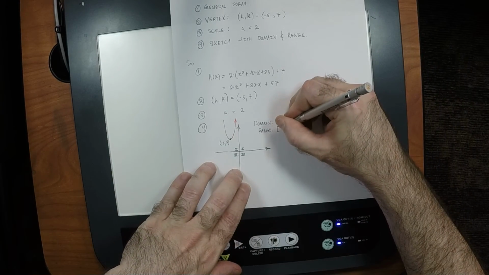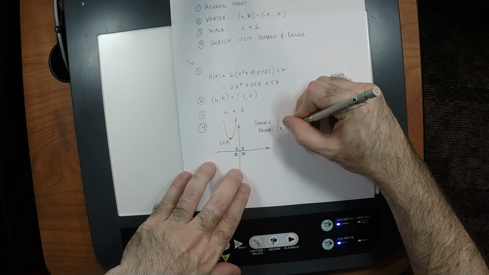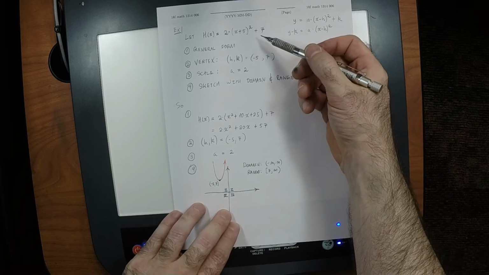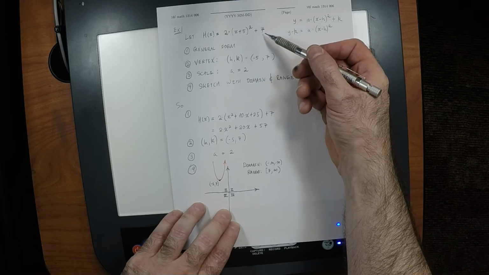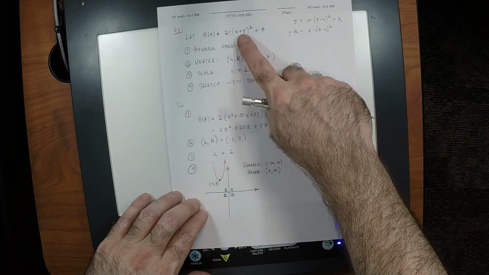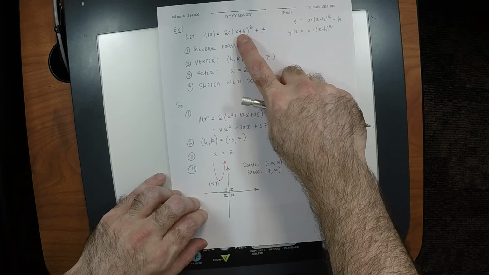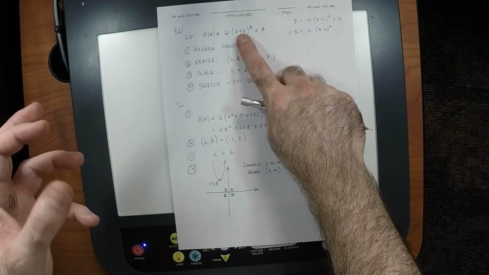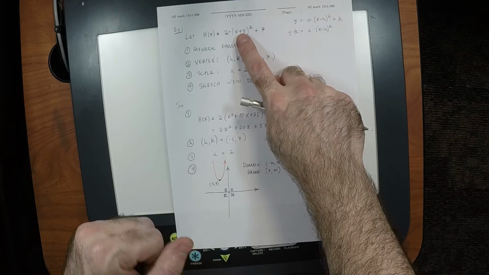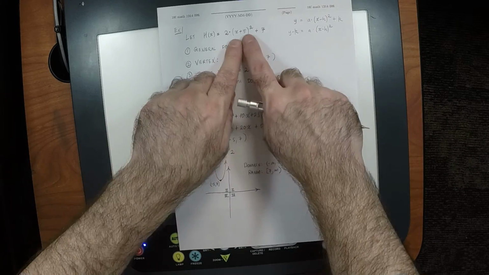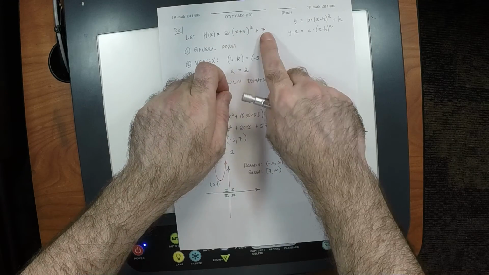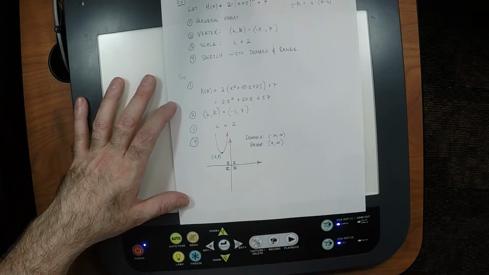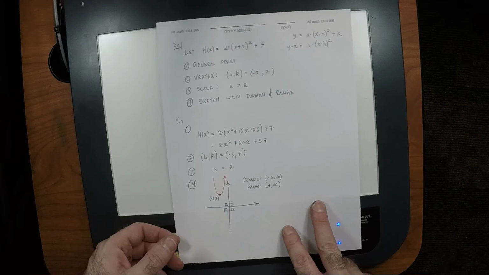So 7 is the smallest thing that we can get to come out of the function. Because after all, if you look at the way it's written, that's a 7, right? It just is a 7. And then we're squaring that. So whatever x plus 5 is, whether it's positive or negative, we're going to square it, and the result is going to be greater than or equal to 0, right? So the smallest this term could ever be is 0, and that term is 7. So altogether, the smallest it can be is 7. All right? Any question about this one?